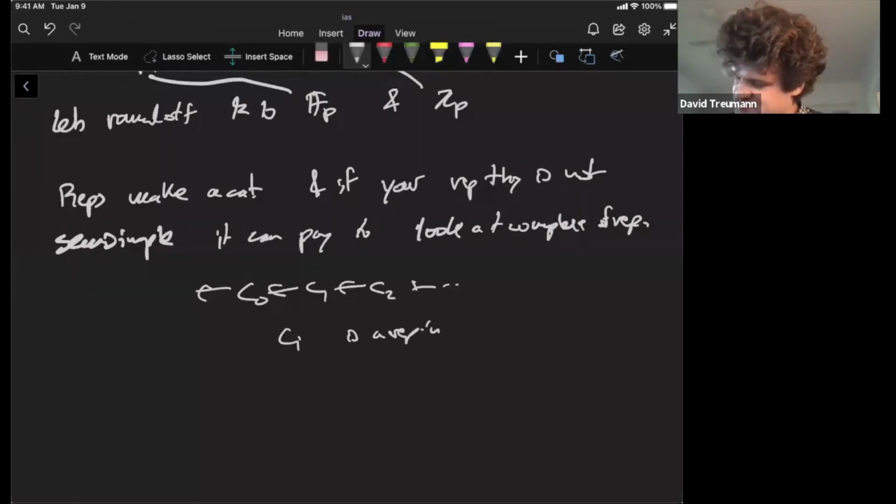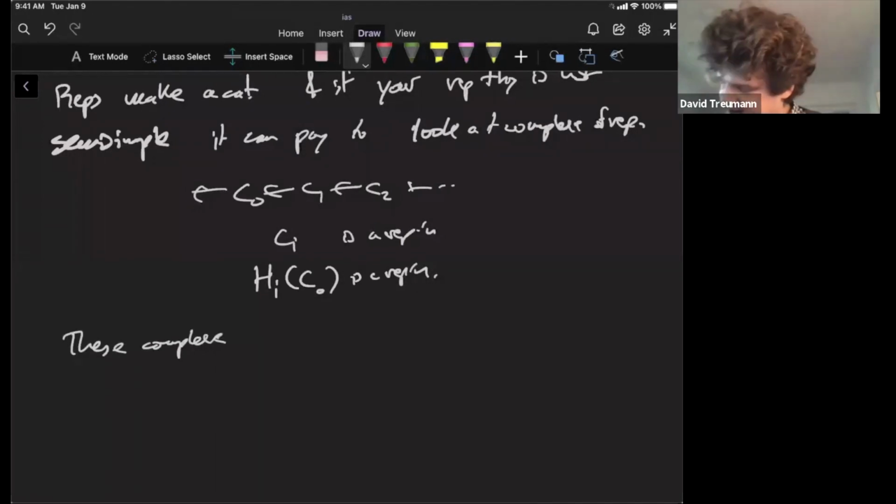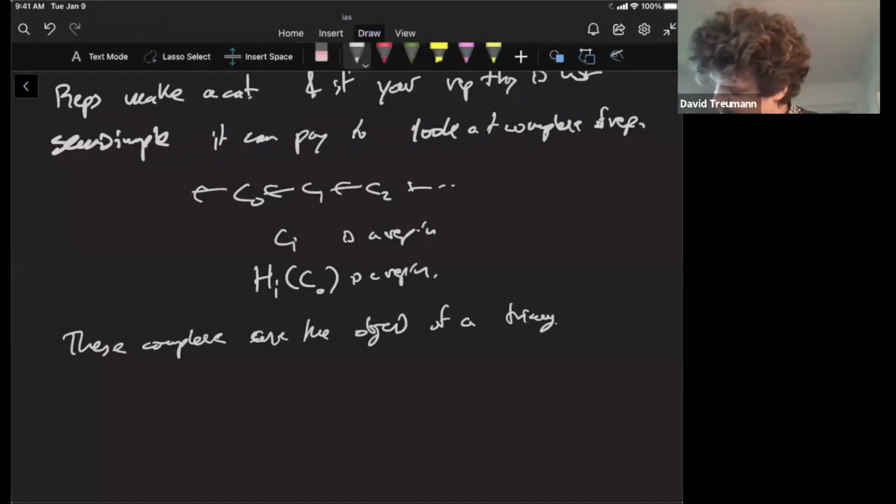The homology of this chain complex, the ith homology group, is a representation. And these complexes are the objects of a triangulated category, such as the derived category. And some questions of modular representation theory are questions about this triangulated category.